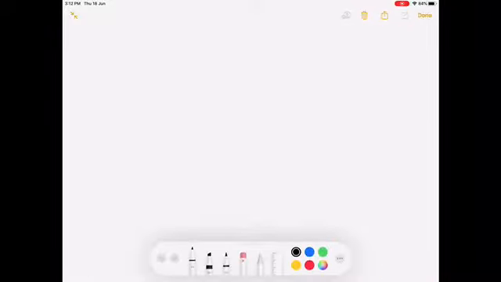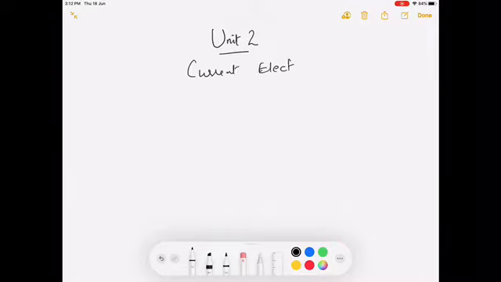Today we will start with our second unit, that is current electricity. Unit 2, current electricity.